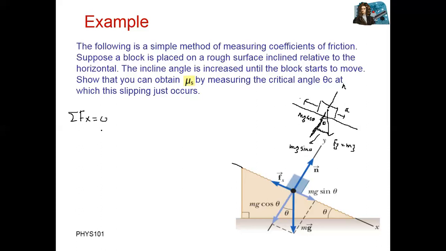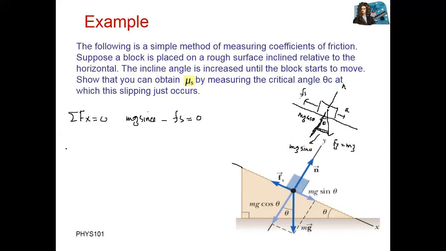So how many components are there along x? One, this component, parallel to the x-axis, equal to mg sine theta. Second, we have the friction force. If we take mg sine theta on the positive axis and friction force on the negative x-axis, we have mg sine theta minus friction force, and Fx is equal to 0.